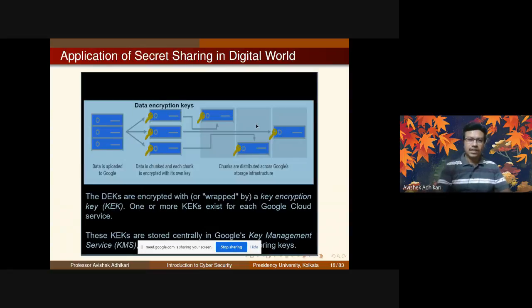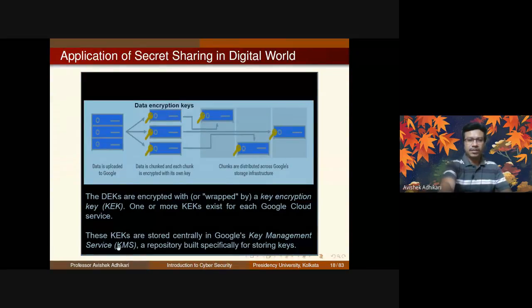Now not only that, to secure the individual keys, each of these keys is then encrypted by another key known as a key encryption key, KEK. That key is stored by Google's Key Management Service, KMS.